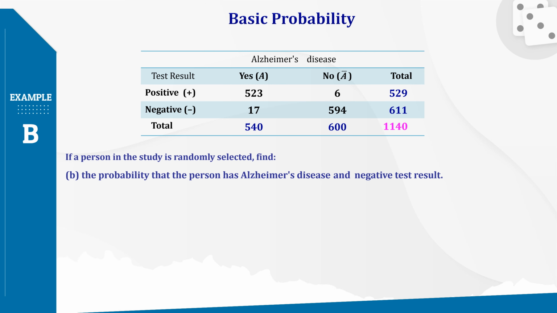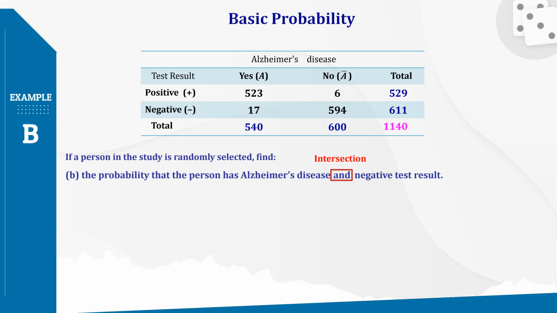Question B. The keyword we need to focus here is AND. This indicates the intersection automatically. Since this example is associated with a table, do not be tempted to just use the multiplication rule.